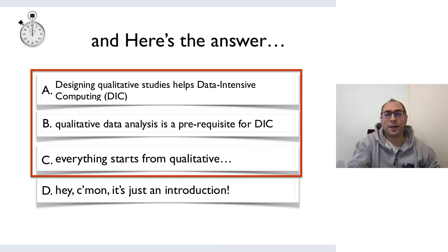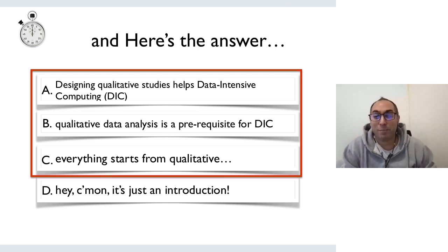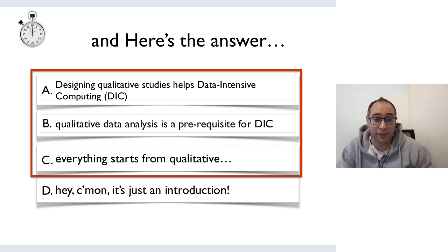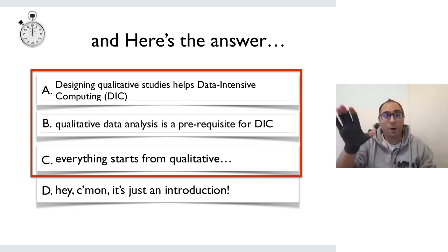Okay. So let's go to the answer. The answer, remarkably, is the top 3, or ABC. Definitely, qualitative data analysis is a prerequisite for data-intensive computing, but it is also what comes afterwards, and I'll show you how and why in a second.